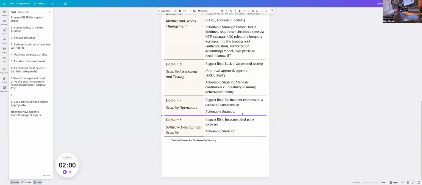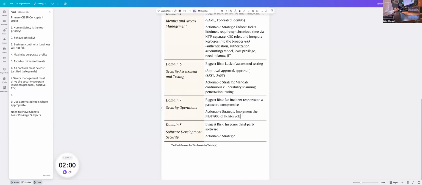Is it do I restart the firewall or do I ask permission? No. The answer is a process. It's a function. It's steps that have already been defined. It's the NIST 800 incident response lifecycle. That's the specific one. But what you're understanding here is that you have to use a process and you're following steps one to whatever. It is very important that you need to know the process.